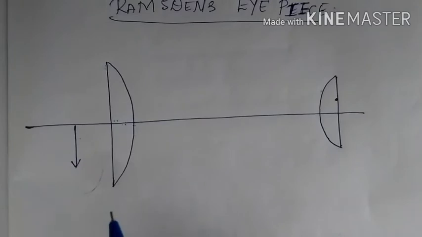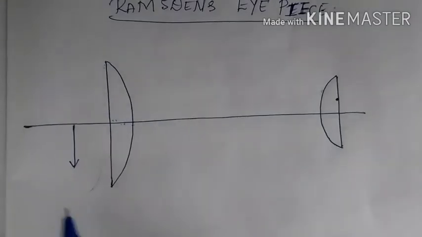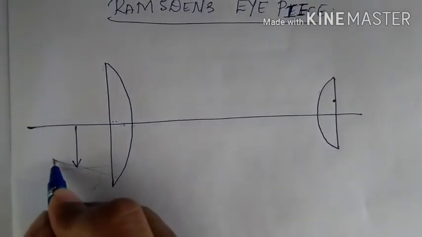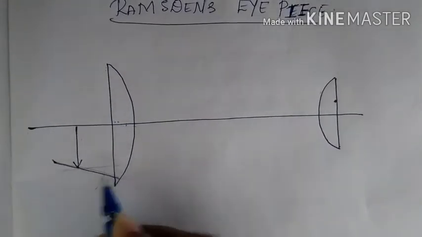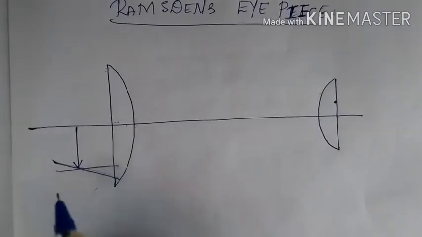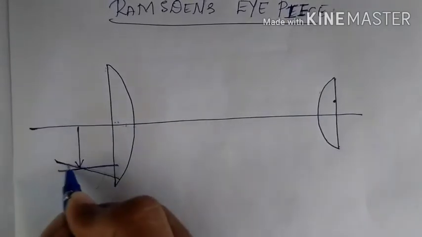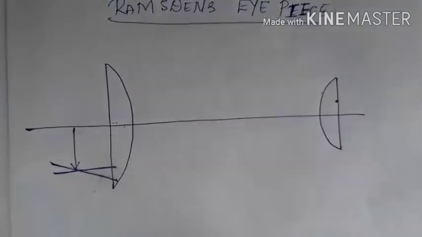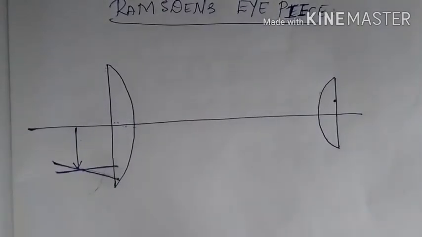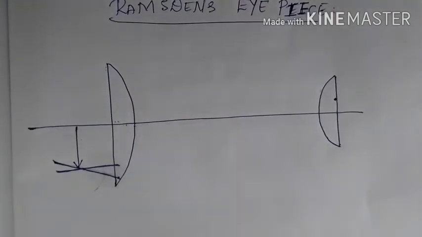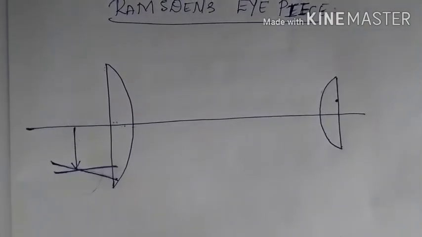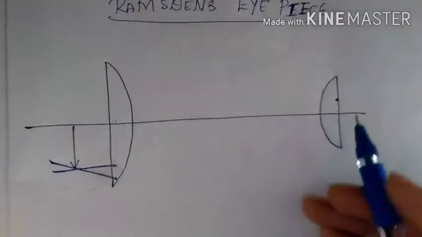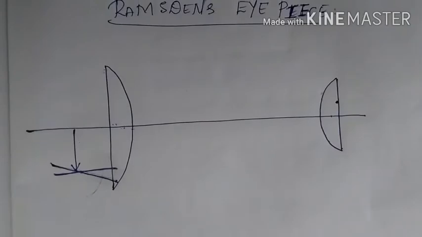Now the rays come from this image. There are basically two rays that come from the image of the objective lens. After falling on the first plano-convex lens, these two rays get refracted and fall on the second plano-convex lens of the eyepiece.